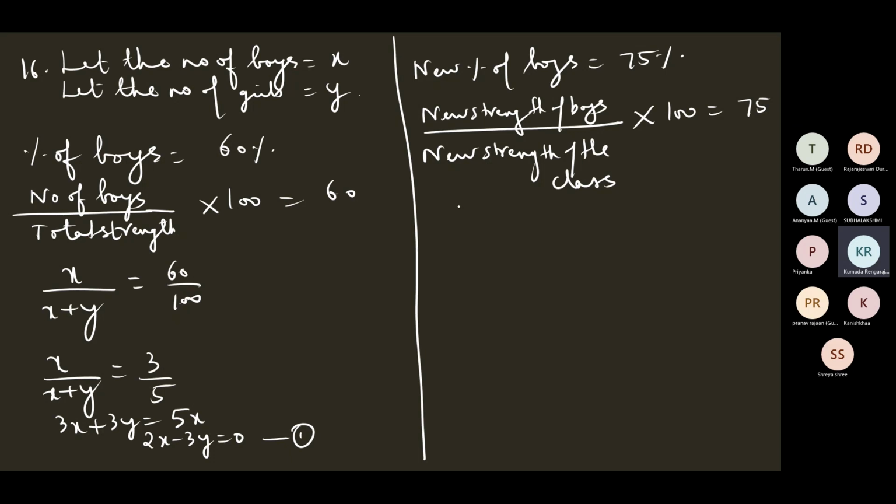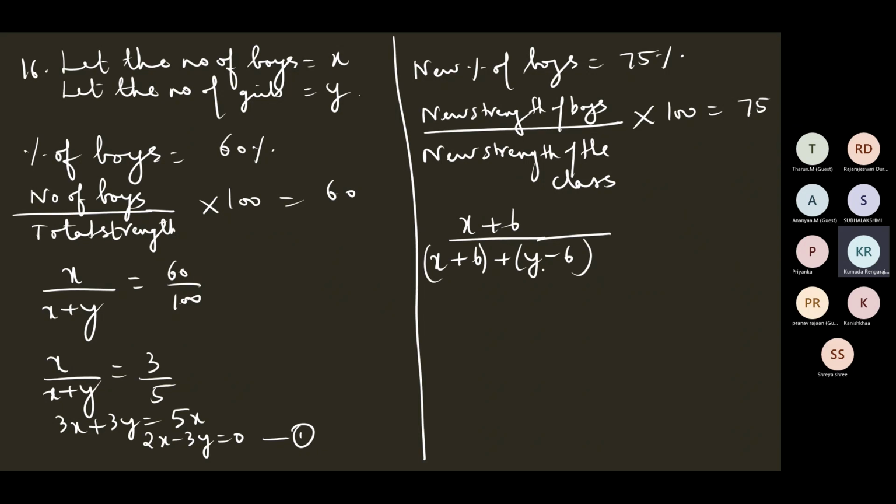So the new strength of the boys, 6 boys are admitted, so X plus 6, by the strength of the class, that remains the same. If you want to show it, the number of boys X plus 6 plus number of girls Y minus 6 is the total strength of the class.